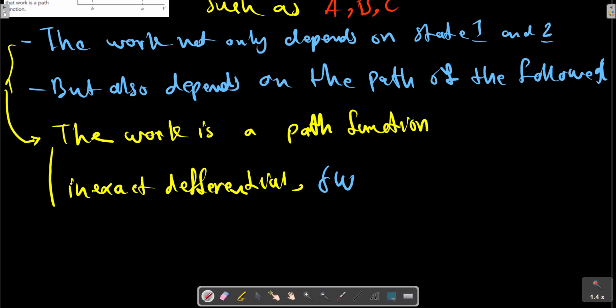This concept leads to a brief consideration of point and path functions, or to use other terms, exact and inexact differentials. Thermodynamic properties are point functions.